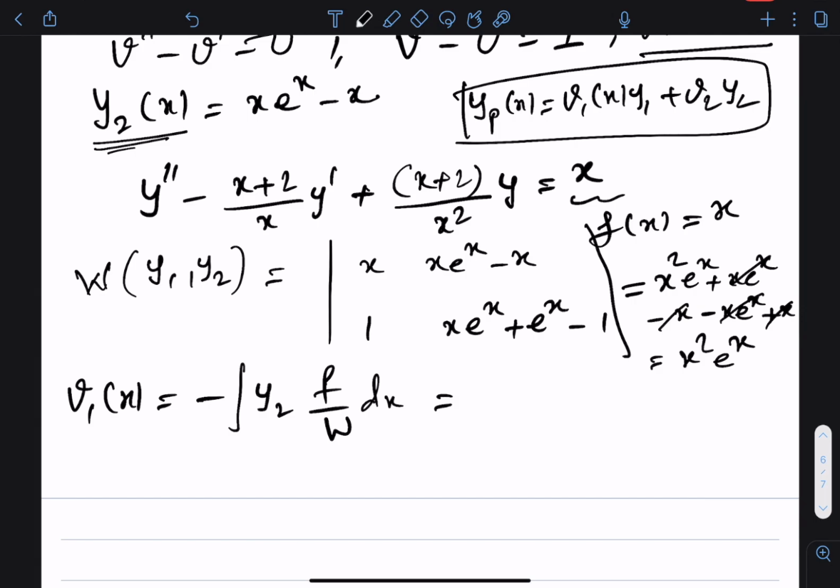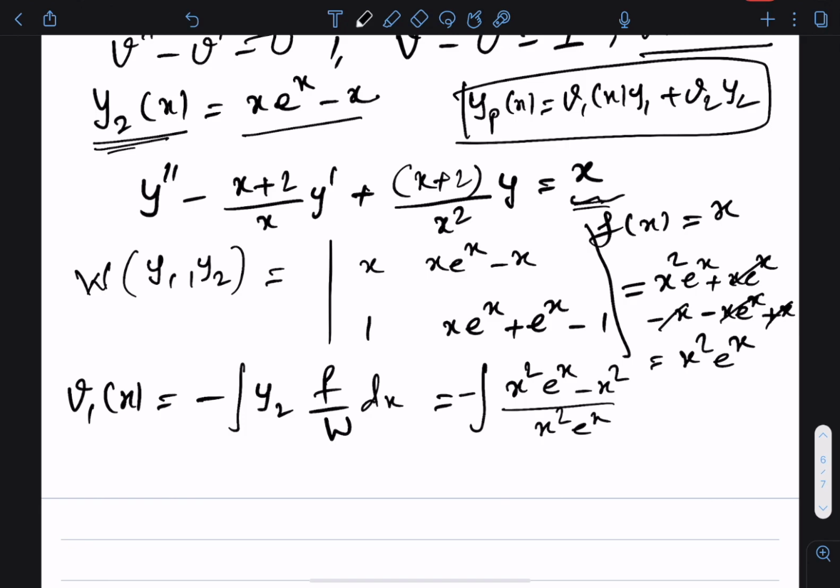So here everything else is known, y2 is known, f is x here, so it's basically minus integral of x times x square e power x minus x square, divided by x square e power x, which is minus integral of 1 over e power x minus 1, right?